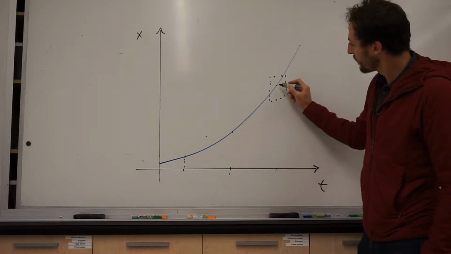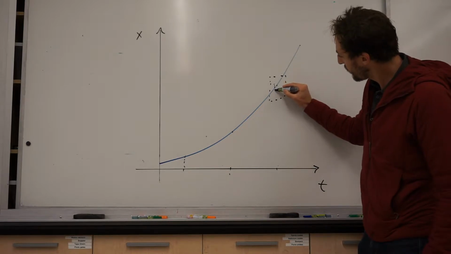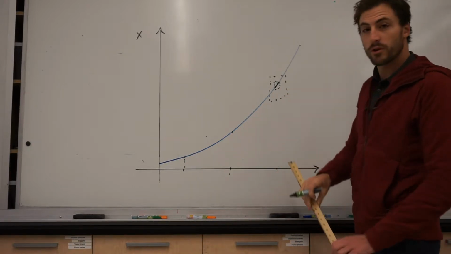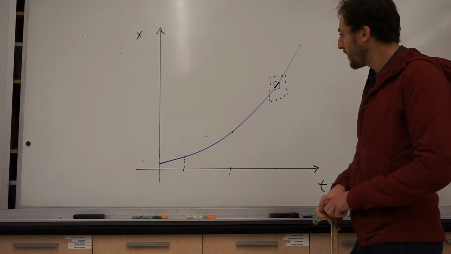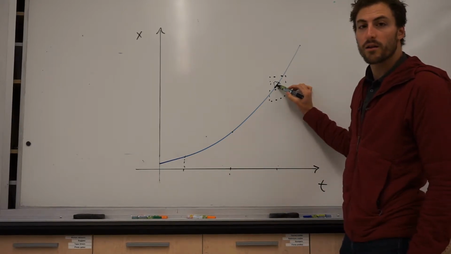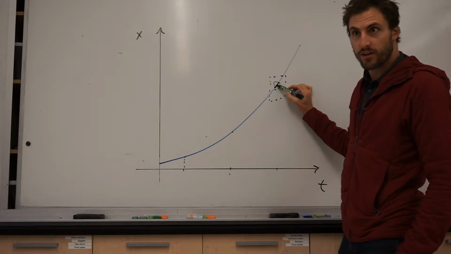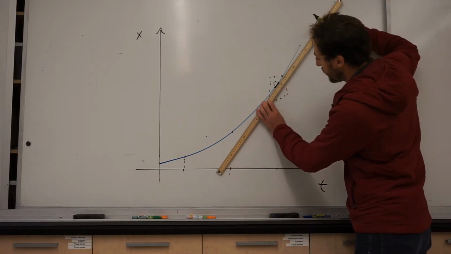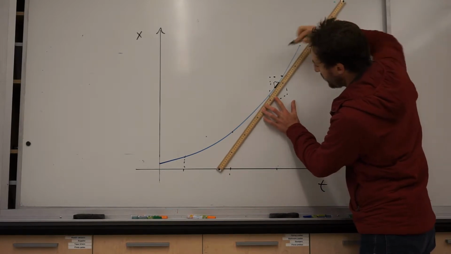This curve is a little less curved if I zoom way in and think just about this part of it. So what I'm going to do when I draw a tangent line is make a line that is parallel to that tiny little spot on the curve, and then I can find the slope of that line. So all I need to do is extend it as if it was always that steep.